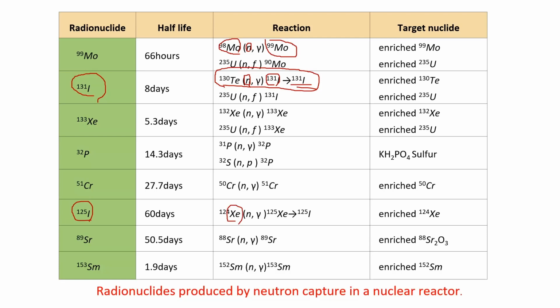Xenon captured an electron and became xenon-125, which decays, and finally you can get iodine-125. So these radionuclides can be obtained in a nuclear reactor by using neutron capture.